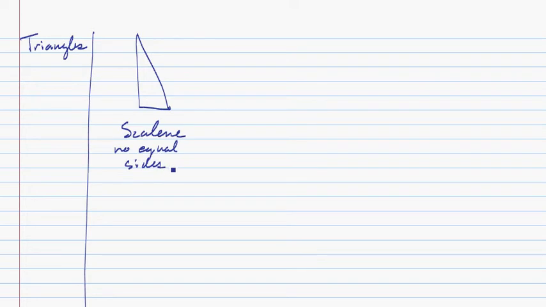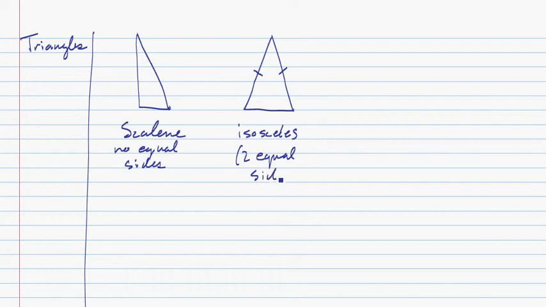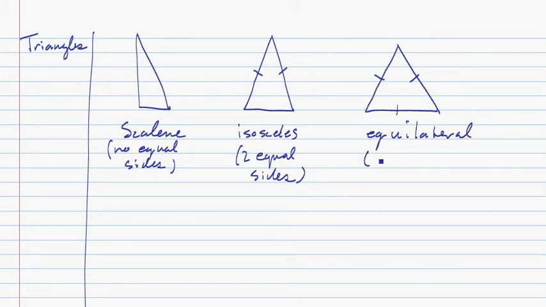Okay, there's also something called isosceles, and that's when you have 2 sides that are the same measure, but the third does not have to be. And then lastly, if you require that all the sides are equal, this guy is called an equilateral. 3 equal sides.